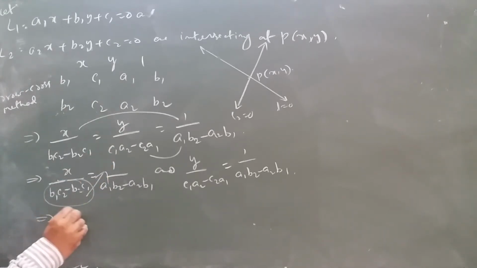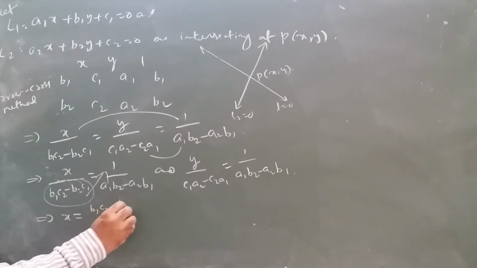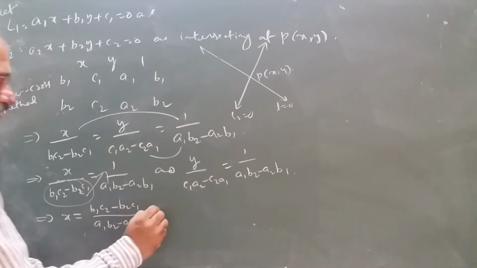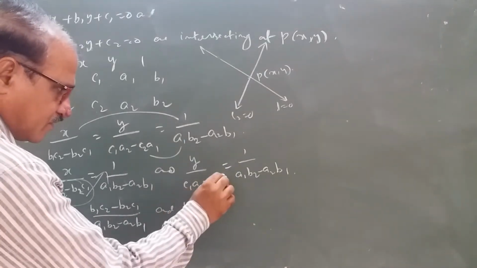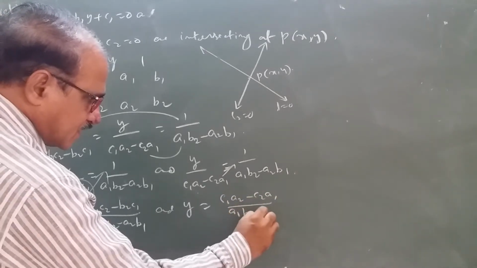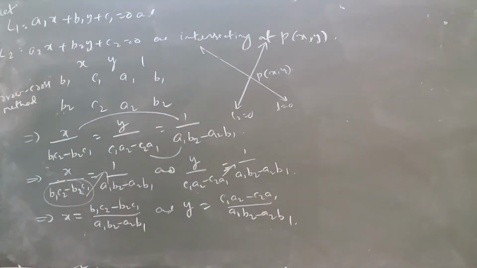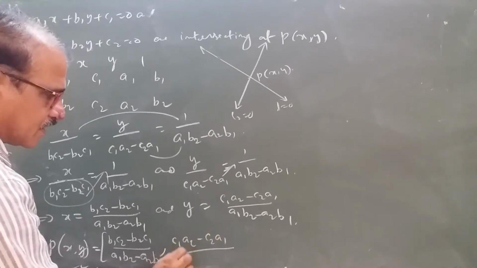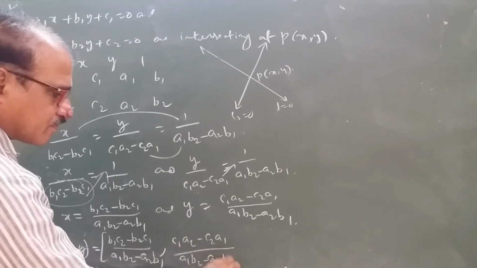That implies x is equal to b1 c2 minus b2 c1 by a1 b2 minus a2 b1. Similarly y is equal to c1 a2 minus c2 a1 by a1 b2 minus a2 b1. So the point of intersection P(x, y) is: x coordinate is b1 c2 minus b2 c1 by a1 b2 minus a2 b1, and y coordinate is c1 a2 minus c2 a1 by a1 b2 minus a2 b1.